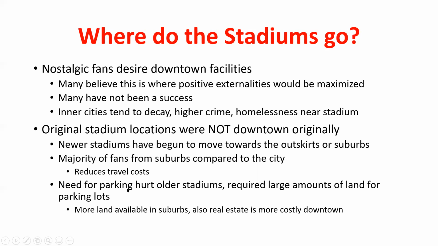Let's also think about how locating in the city might greatly increase my costs. What's probably true about real estate in downtown Chicago versus, I don't know, 30, 40 minutes outside of Chicago? It's a lot more expensive, right? So if I not only need to get land to build a stadium, but I need parking, and maybe I want to add in some additional things, like sometimes teams will have a shop across from the stadium, or they own that as well.